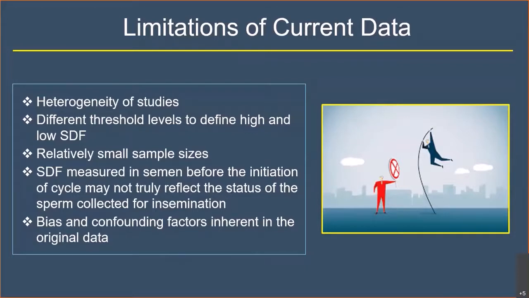An important consideration is that sperm DNA fragmentation is always measured in semen before the initiation of cycles. This means that the rate of SDF which is measured may not really reflect the status of sperm used for insemination. And also, in all these studies, bias and confounding factors are never taken into consideration when the results are analyzed.